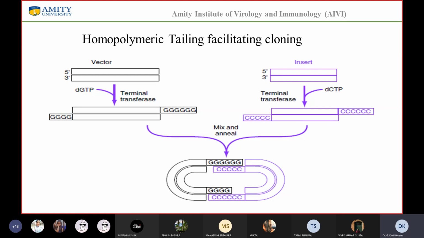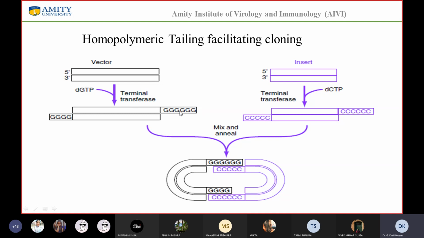Okay. One is the use of an enzyme called terminal transferase. Okay. So you basically take a cloning vector and then use a terminal transferase enzyme and use any one, okay, dGTP, for example. In this case, dGTP is used, and this typically adds at the 3' terminal of the vector a series of G's, because only G is available here.